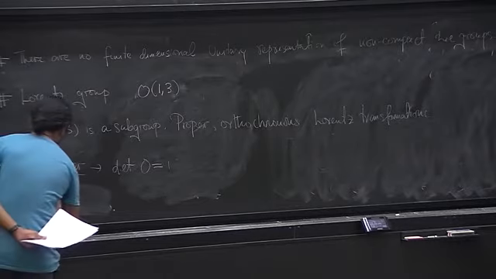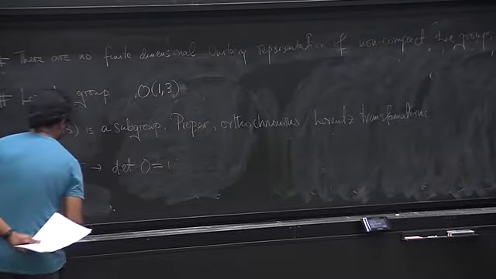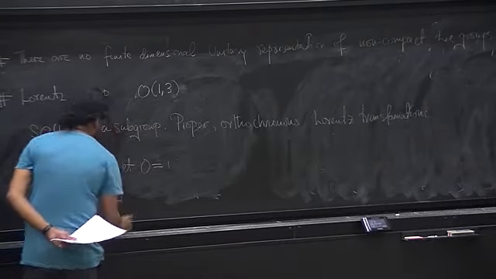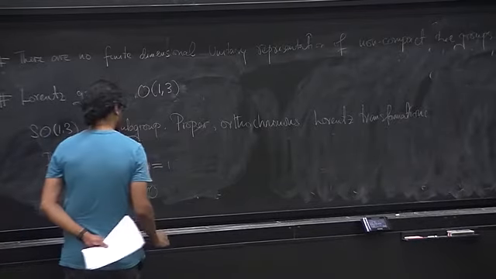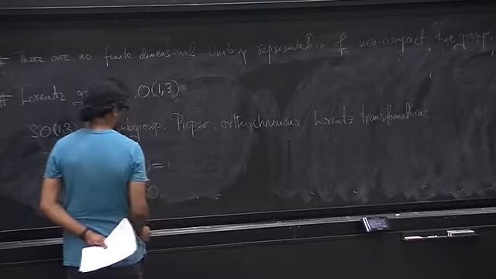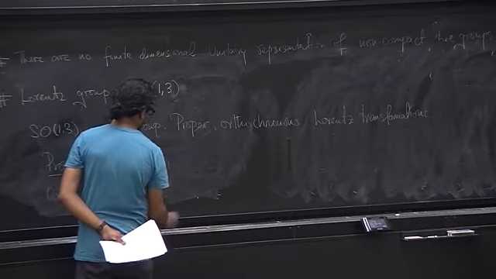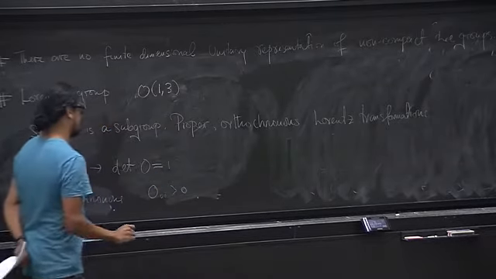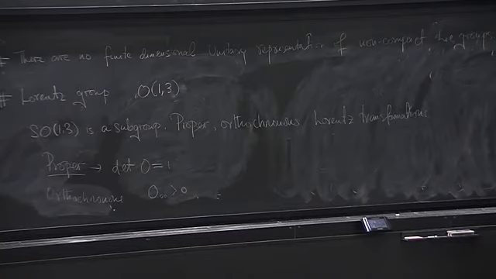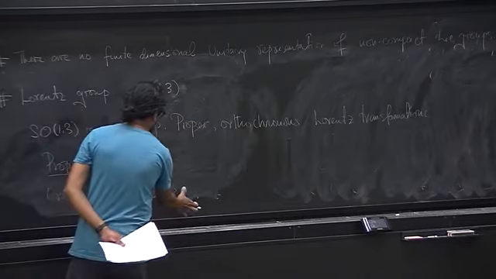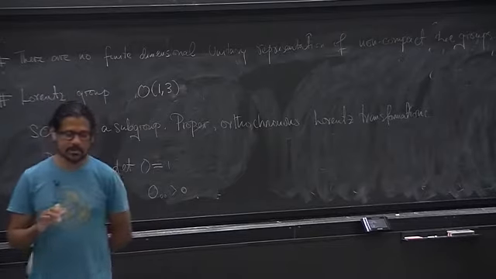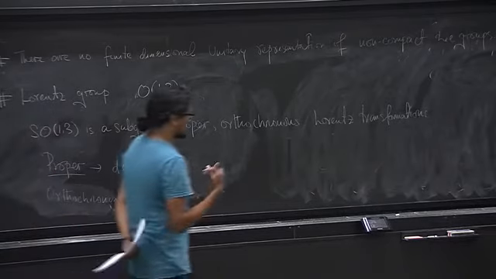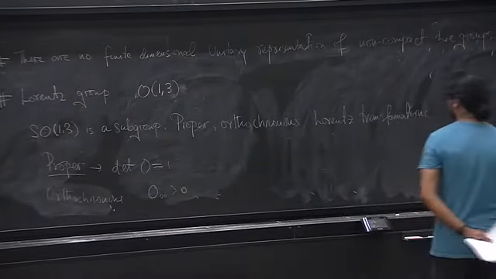But we also impose a condition, orthochronous, which means that the 0,0 component of the matrices of the group is positive. Sorry, I don't think it's dependent on the metric. So what it means is that it cannot change the direction of time.